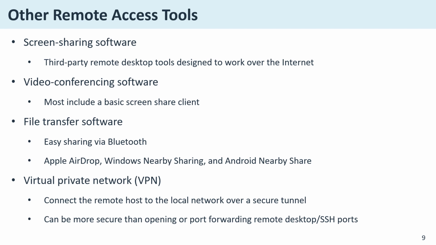File transfer software, easy sharing via Bluetooth. You could use the Apple AirDrop, the Windows Nearby Sharing, and Android Nearby Share. And we talked about virtual private network or VPN, which connects the remote host to the local network over a secure tunnel, and it can be more secure than opening or port forwarding remote desktop or SSH ports.